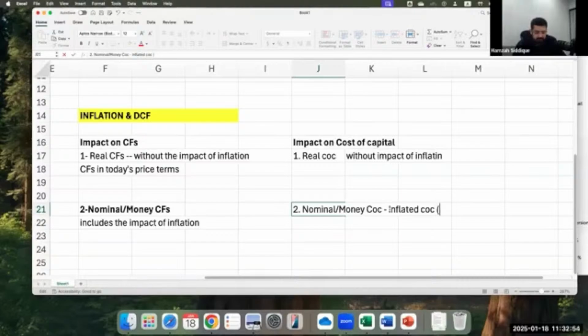For example, we call the money cost M, and the real cost R.